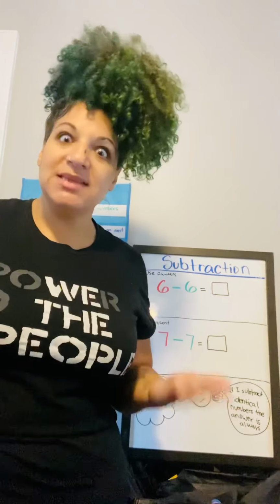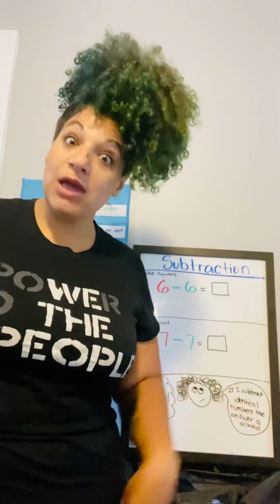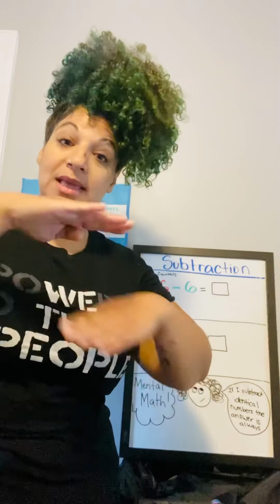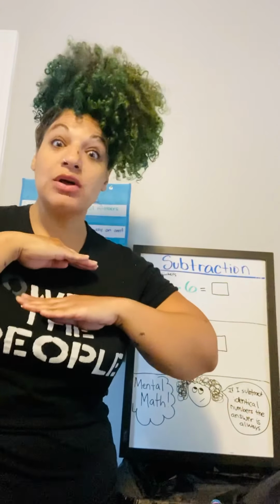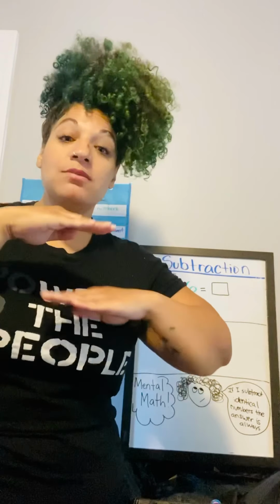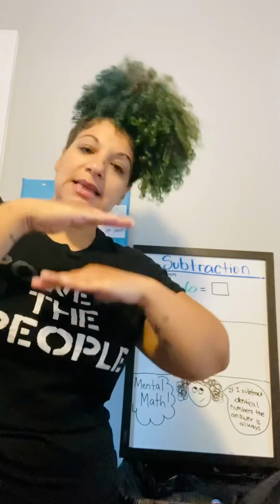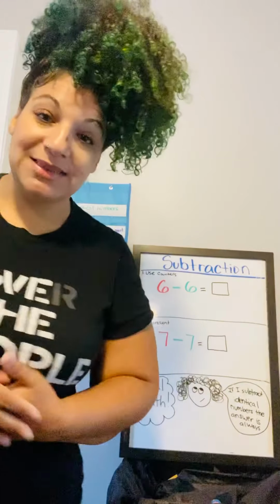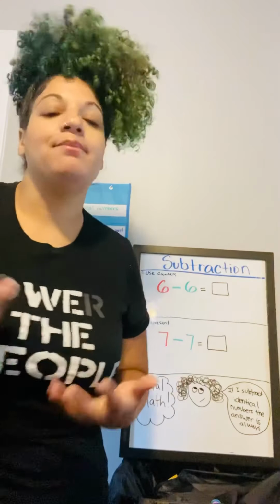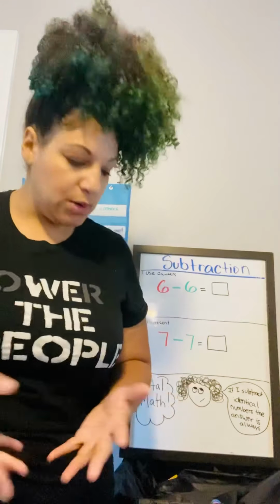Equal means the same amount. Equal, get ready, go. Equal means the same amount. You can see I'm kind of making an equal sign with my hand. When two numbers are the same or identical, that means that they are equal.